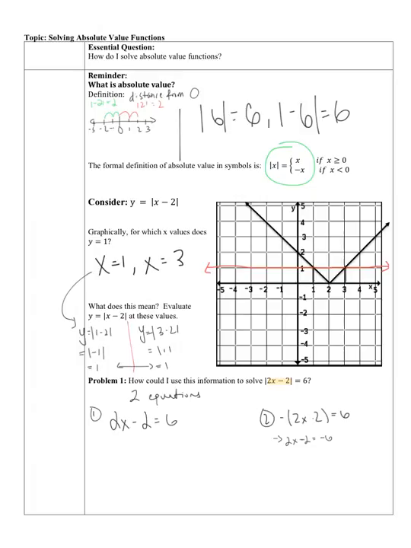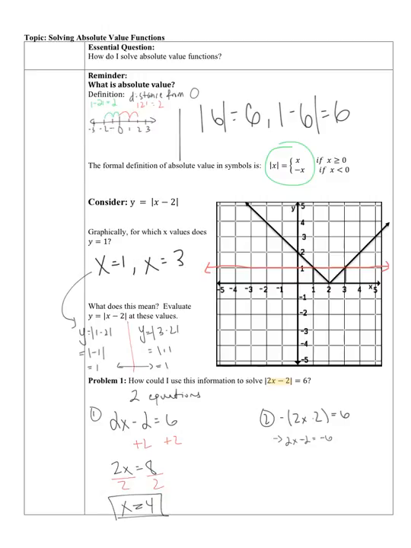So to solve this, we just solve both using our normal SADMAP, whatever you want to call it, your inverse operations. In this first one, I would add 2. I get 2x equals 8. I divide by 2 and get x equals 4. So that's one of my solutions.